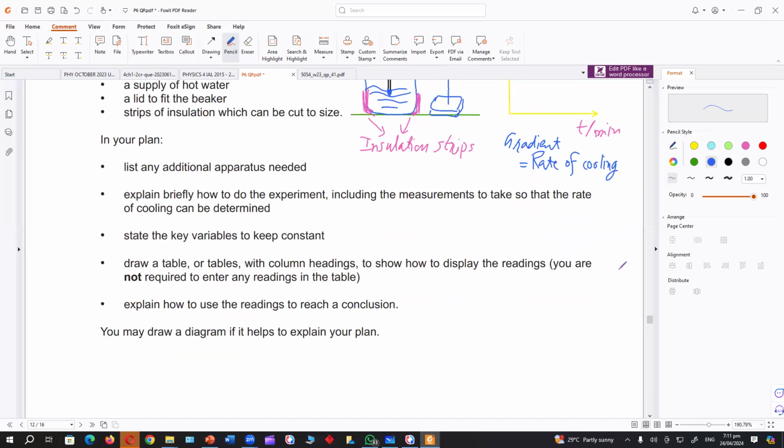State the key variables to keep constant. So can you tell me what are the possible variables which I should keep constant? Same initial temperature, right.